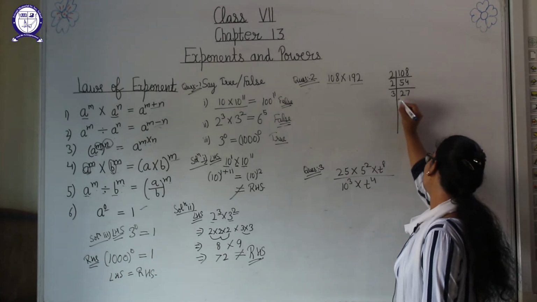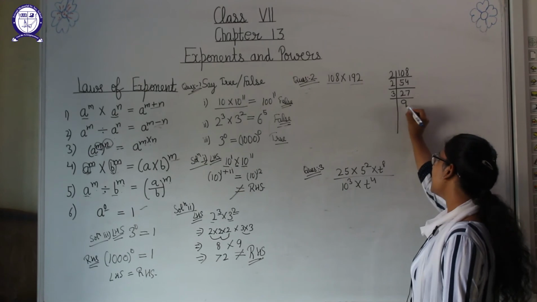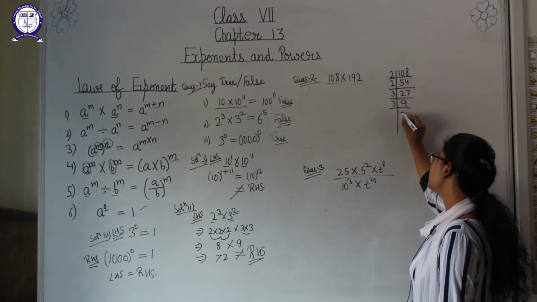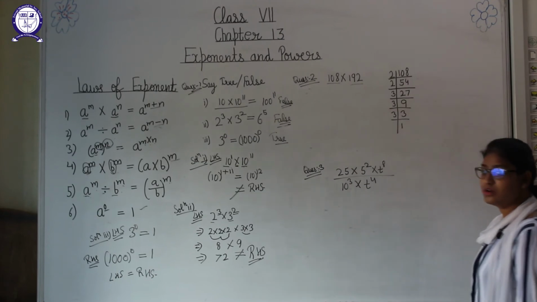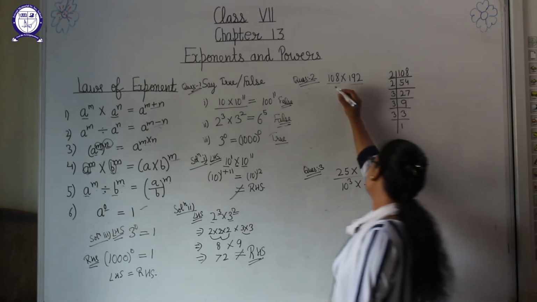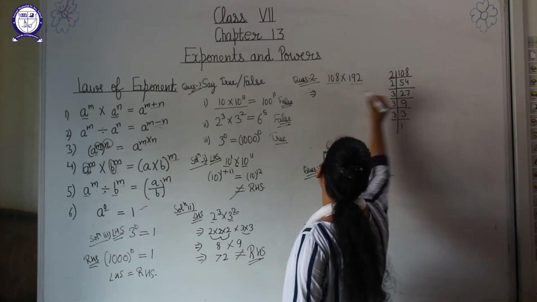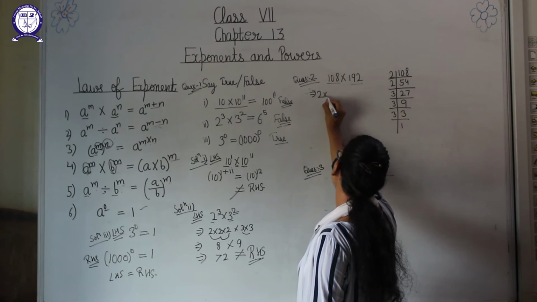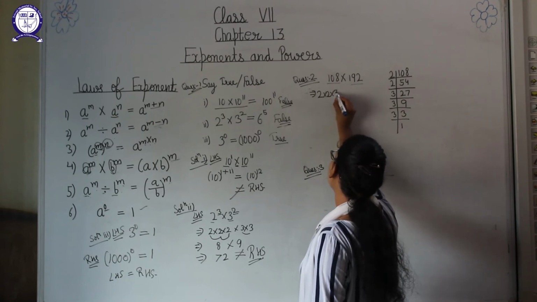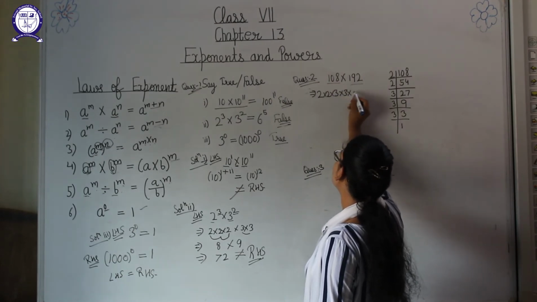So we will divide it by 3. We get 9, then we can again divide it by 3. We get 3 again. Okay, so in place of 108 we can write these prime factors: 2 into 2 into 3 into 3 into 3.